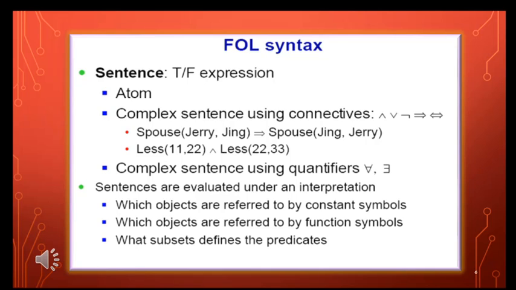So you can make complex sentences out of other sentences using and, or, not, implies, equivalence, and parentheses, just as before in propositional logic. All that basic connective structure is still the same. A complex sentence can also be used with a logical quantifier: for all and there exists.